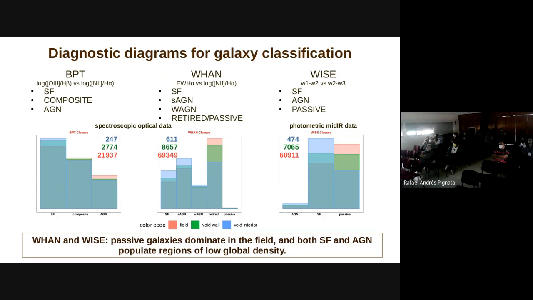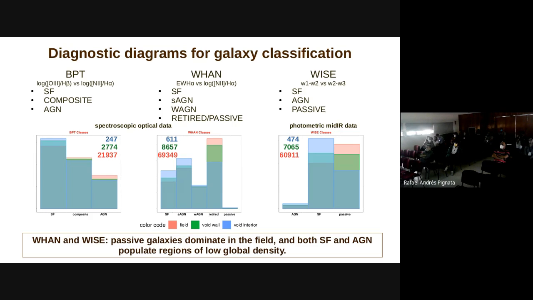Then we classified the galaxies following 3 different criteria. The first, the BPT diagnostic diagram, is probably the most useful and the most classical criterion to select active galaxies, using 4 spectroscopic lines.